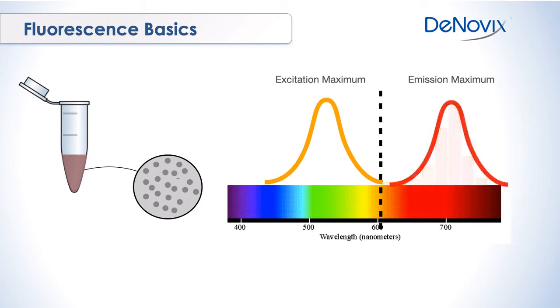So you'll often see data about a particular fluorophore represented something like this, with two traces, an excitation maximum and an emission maximum. And where we try to set our technology, or we try to set our excitation and emission parameters of our technology, is around these maxima for both excitation and emission.